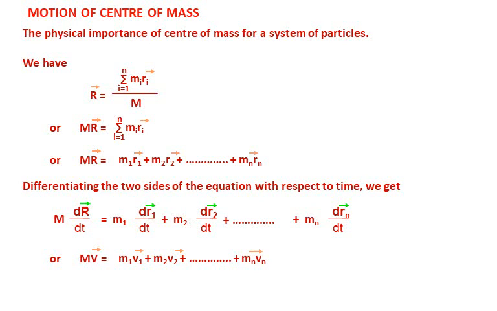Multiply this M with the R, you will get MR equals summation of m_i r_i from 1 to n. Open the summation and differentiate it. What you got? You know that dr by dt is the velocity because r is the position vector. So M into V will be equal to the summation of individual momenta.